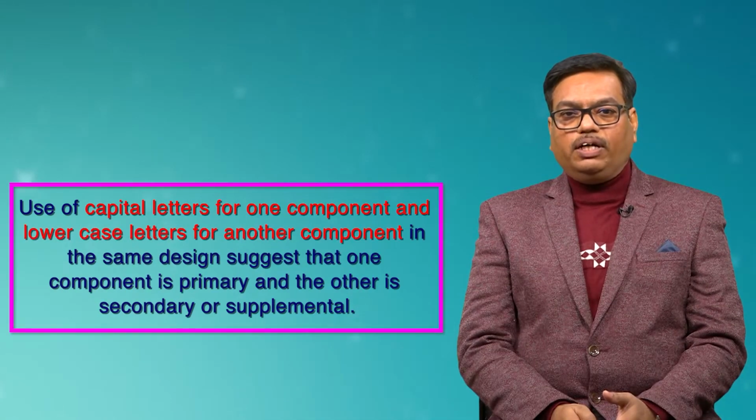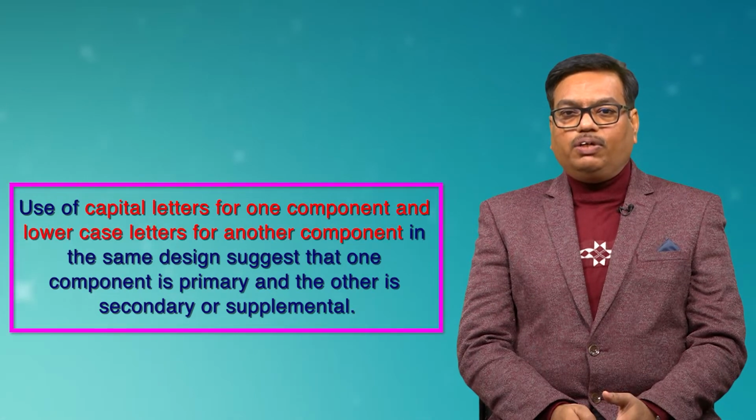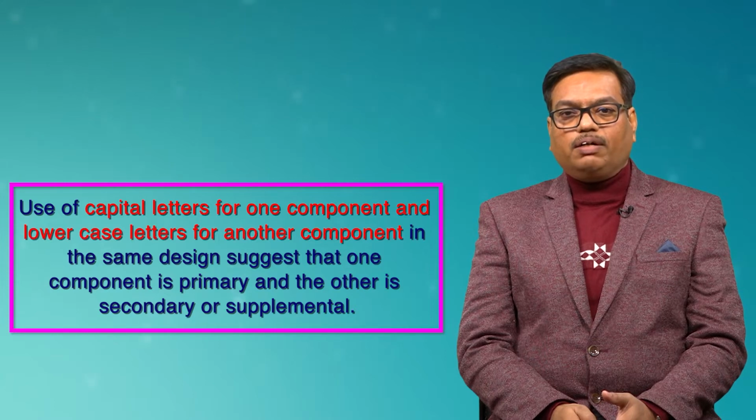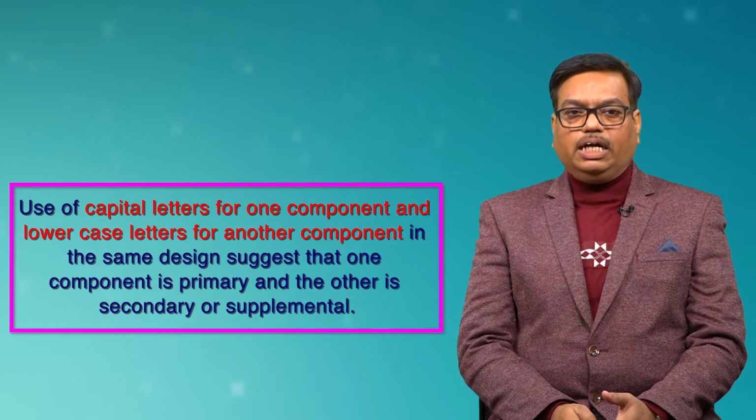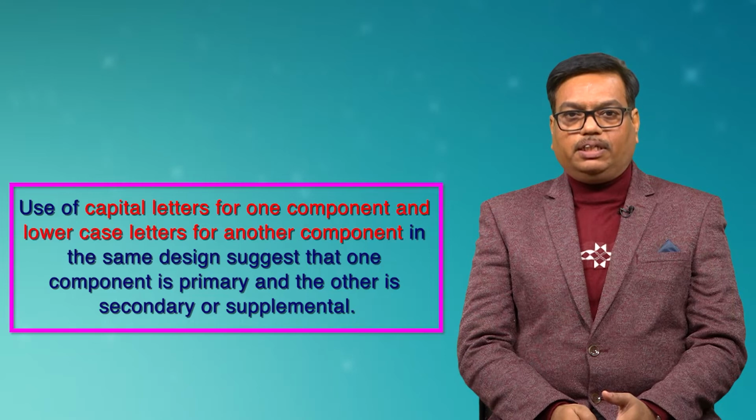Now I am going to explain why we have written QUAL with capital letters and quan with smaller letters. The use of capital letters for one component and lowercase letters for another component in the same design suggests that one component is primary and the other is secondary or supplemental. You can see that we have written QUAL in capital letters, which means qualitative data is primary, and quan in small letters means quantitative data is secondary.